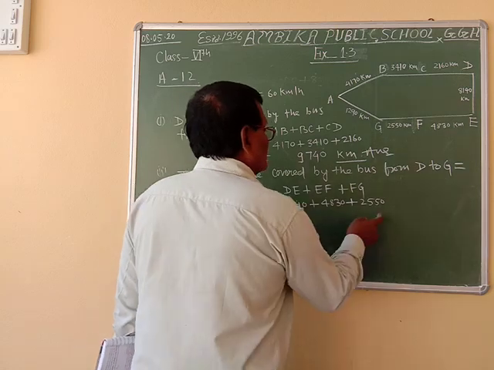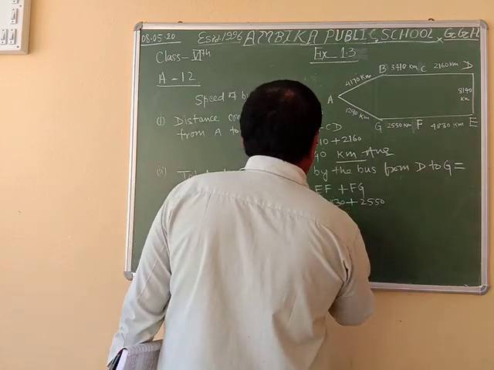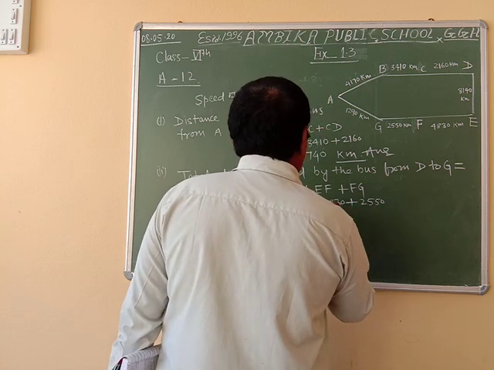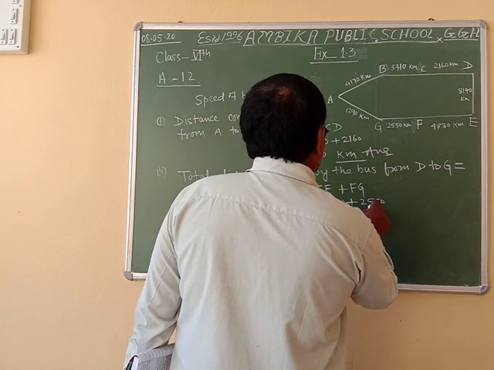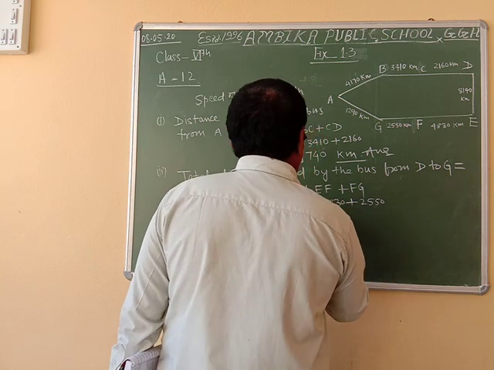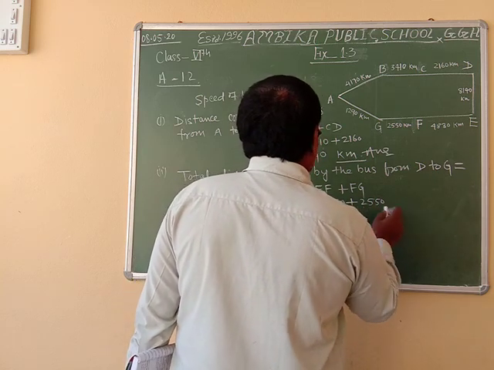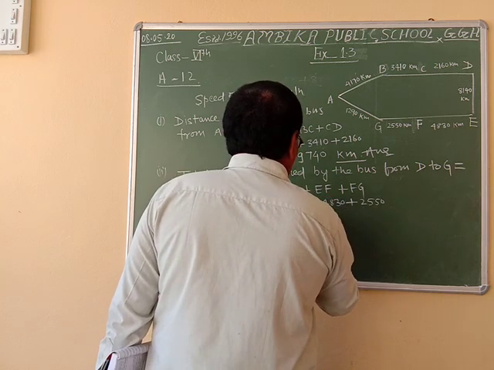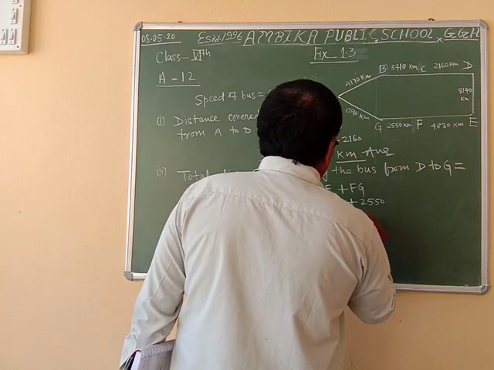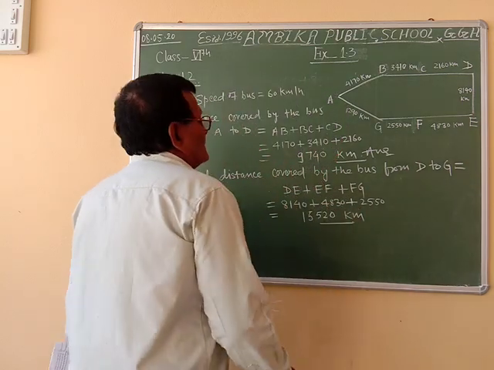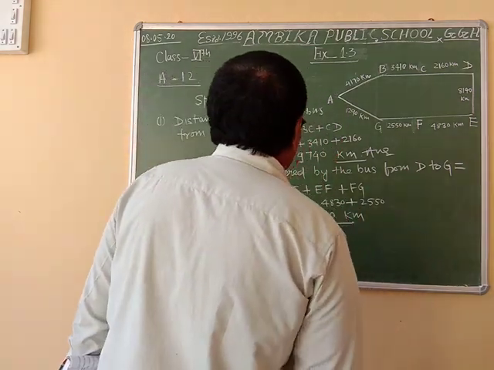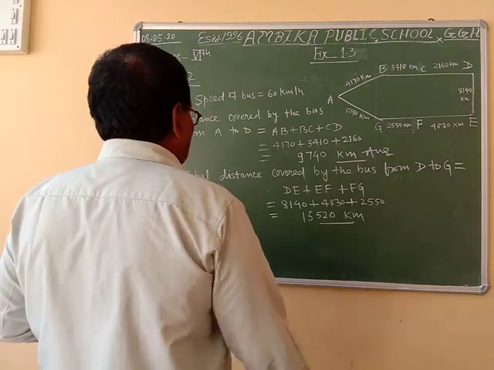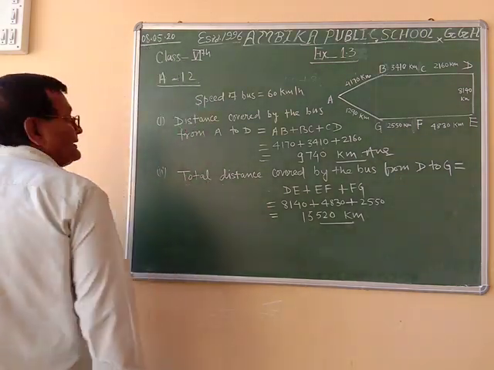Adding all, we get total distance covered by the bus from D to G is equal to 15,520 km.